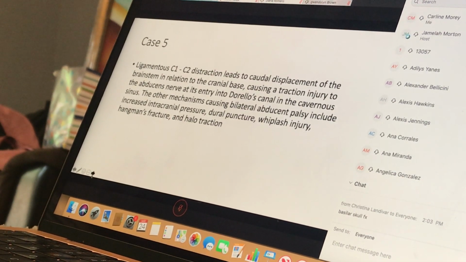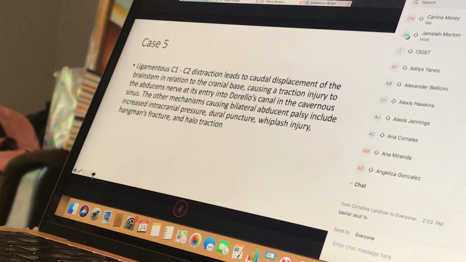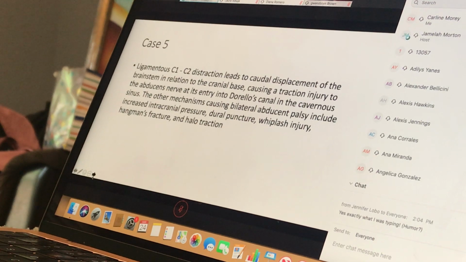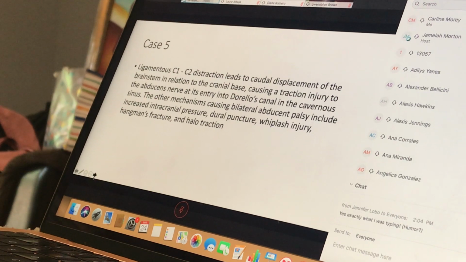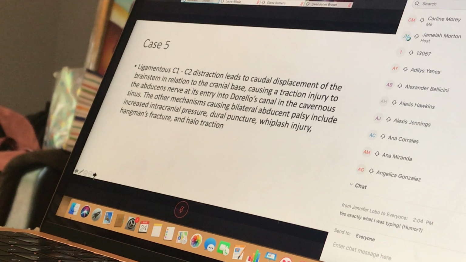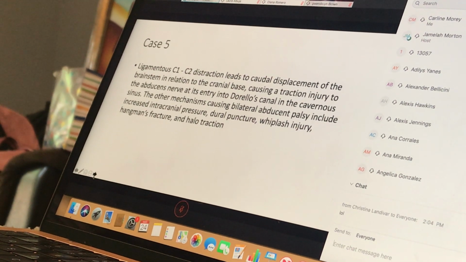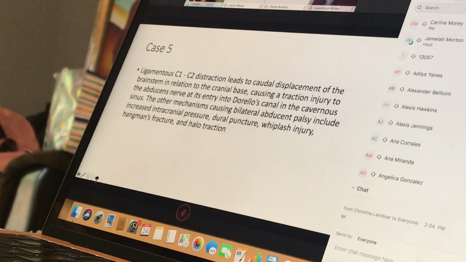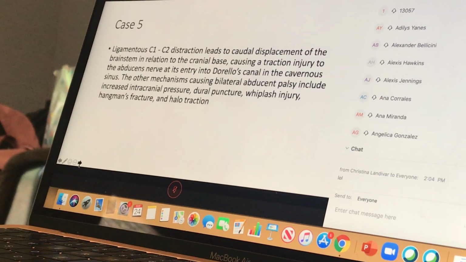It was the C1, C2 distraction that displaced the brainstem and caused traction of cranial nerve 6. And this happens a lot. You can see bilateral abducens palsy with whiplash, increased intracranial pressure, hangman's fracture. They usually don't survive, but if they do, they can have it. Halo traction can give it too, because it can displace the 6th cranial nerve.